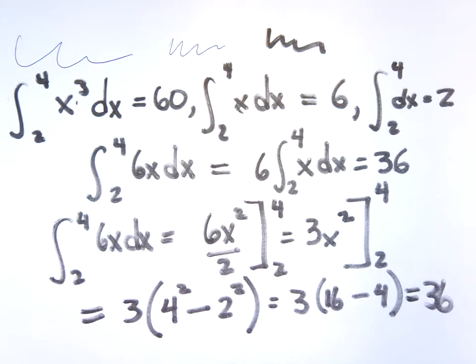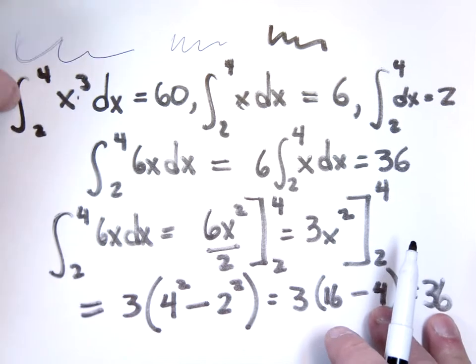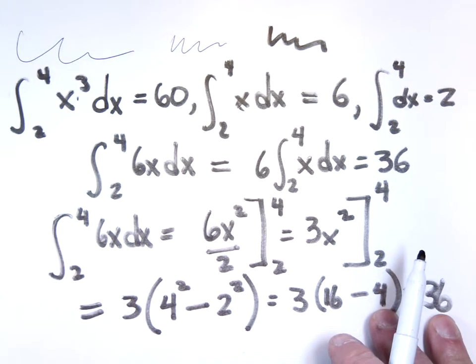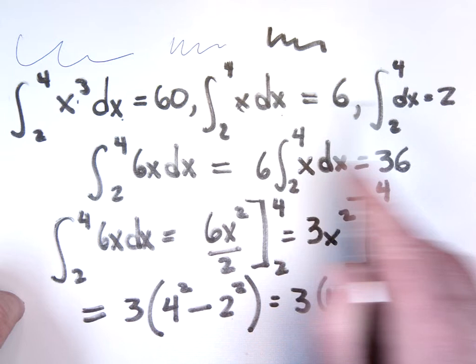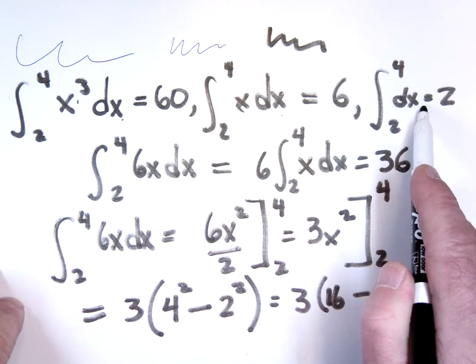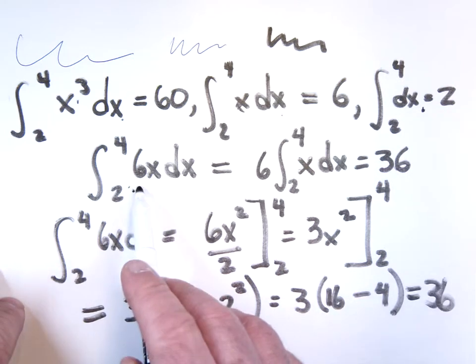She's got another question on here, number 8. Oh, okay. They're the same. Yes, basically they are the same. Where did the 60 come from? They gave you that. They gave you this, this, and this, and then they asked for this.